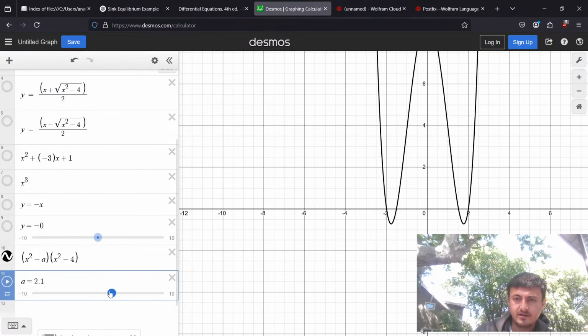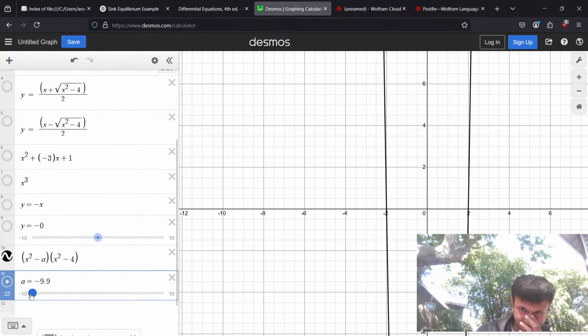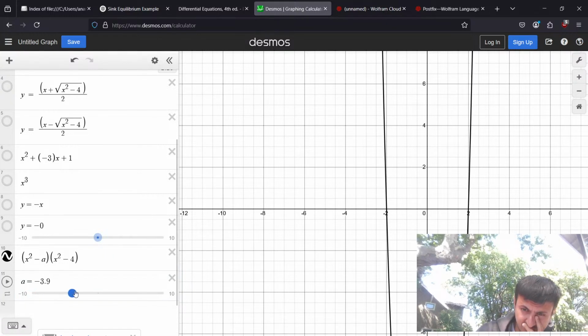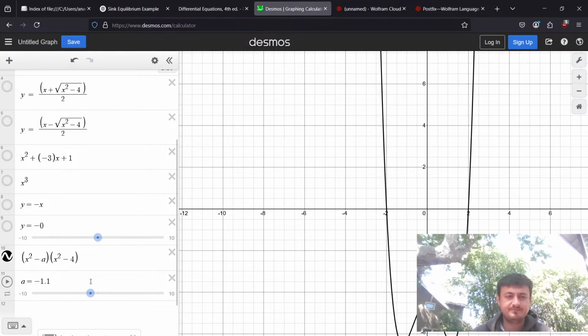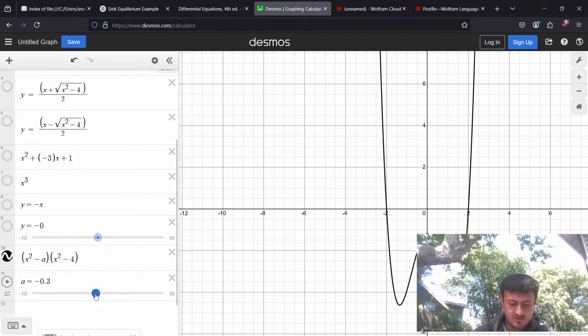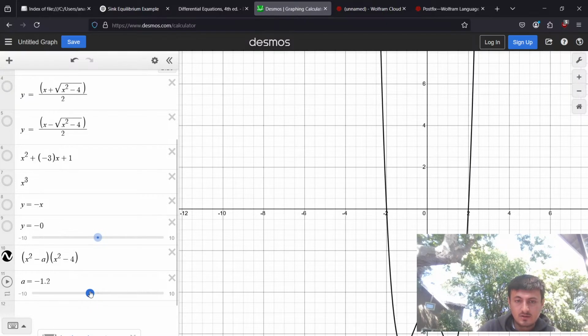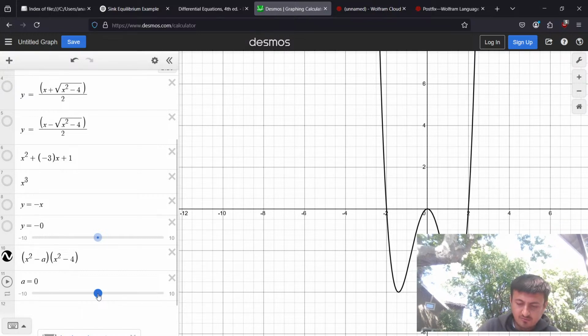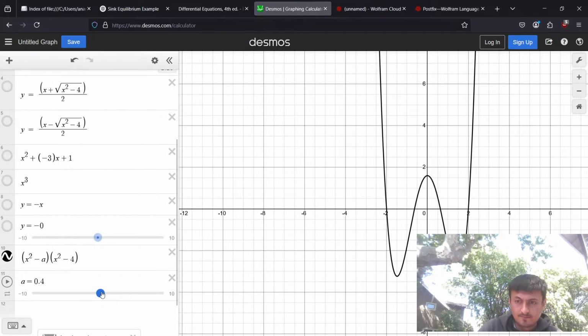So it goes from 2, so less than 0, and then at 0 it becomes 3. So for a less than 0, we get 2, then at a equal to 0 we get 3, then for a greater than 0, we get 4.